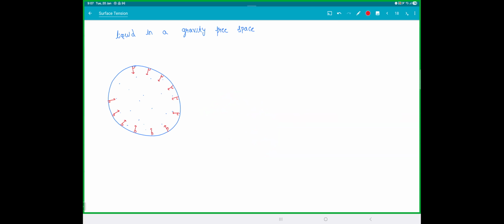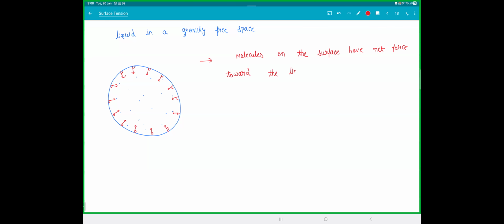They are unstable, not in equilibrium. So molecules will try to avoid being on the surface, and whoever is on the surface will have more energy because of the unbalanced downward force. That means if you take a liquid drop and put it in a gravity-free space, it becomes a sphere.